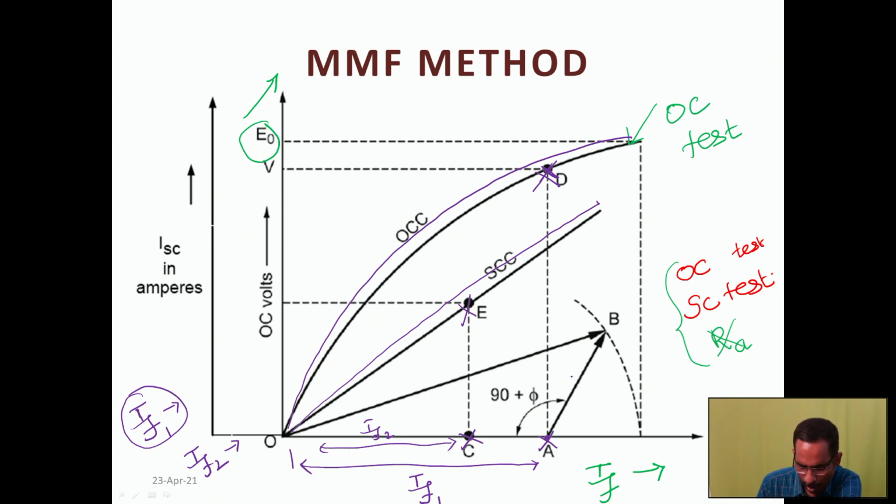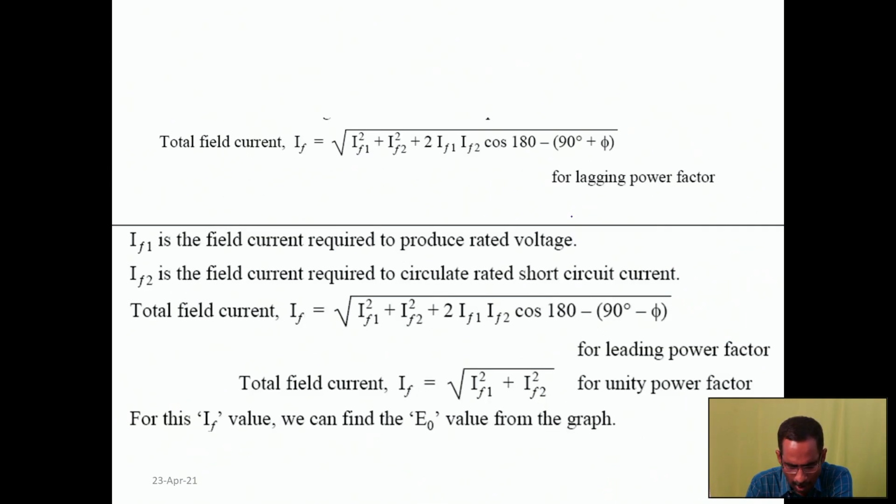By using these two values, either we can draw the phasor or we can use the formula. There are two ways. I am going to explain by using the formula how to calculate the resultant field current which is required to know the open circuit voltage. Okay. So here we have calculated these two values.